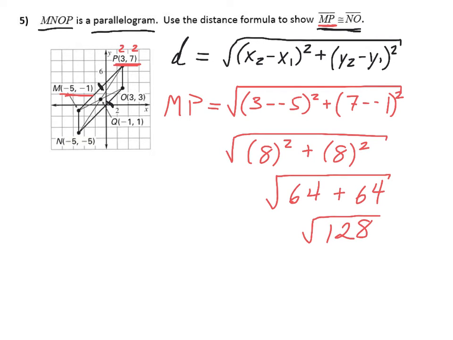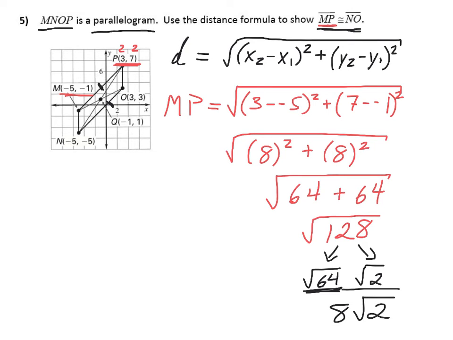The last thing you can do, even though they didn't specifically ask for it, is simplify this radical. 128 can be broken down into radical 64 times radical 2. Radical 64, the square root of 64, just becomes 8. Square root of 2, I can't simplify that anymore, so it just remains square root of 2.